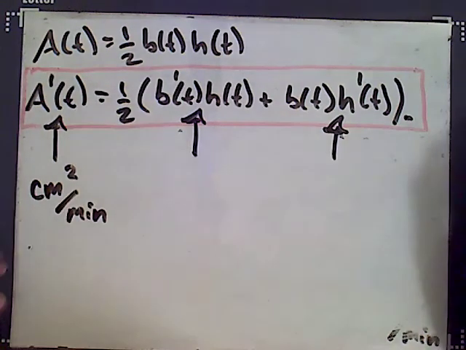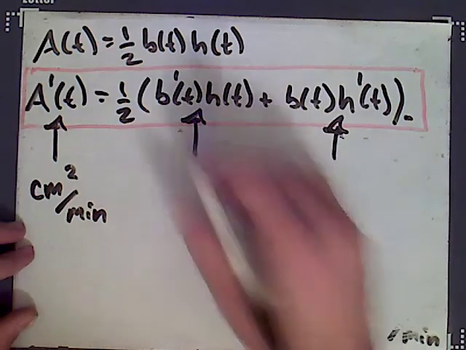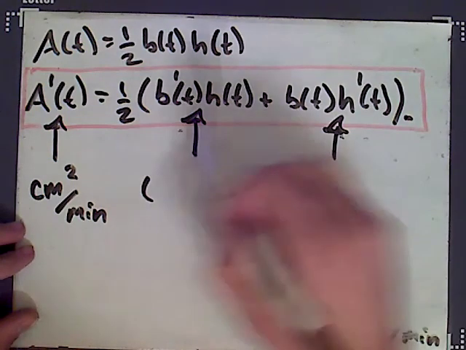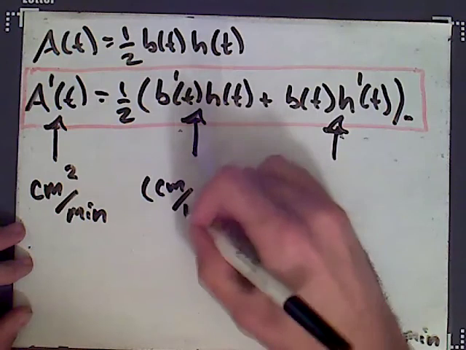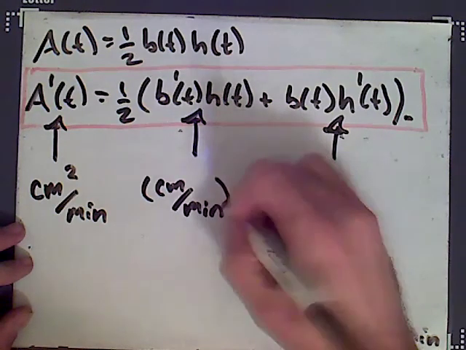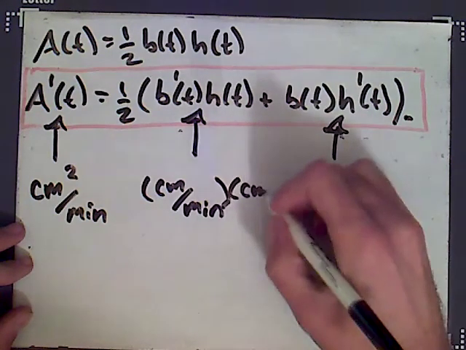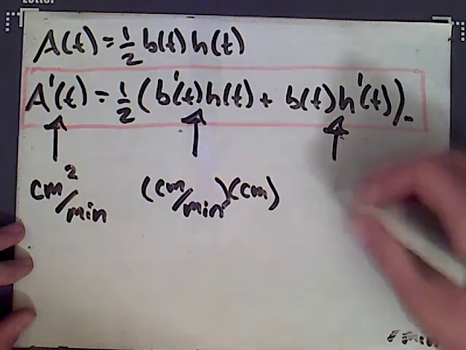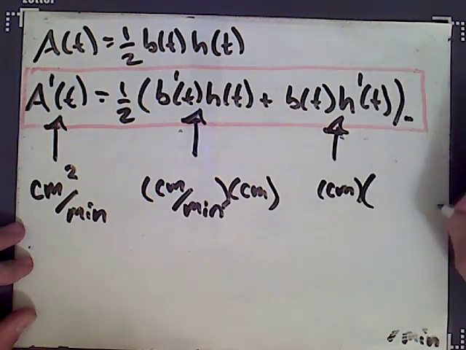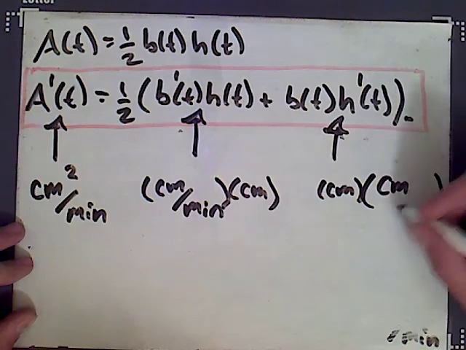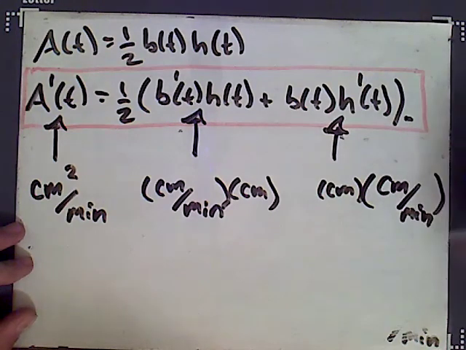So it's centimeters squared per minute. B prime of t has units of centimeters per minute, the change in the base. And h of t has units centimeters. And here we have centimeters for the base, and then the height's changing with units centimeters per minute.